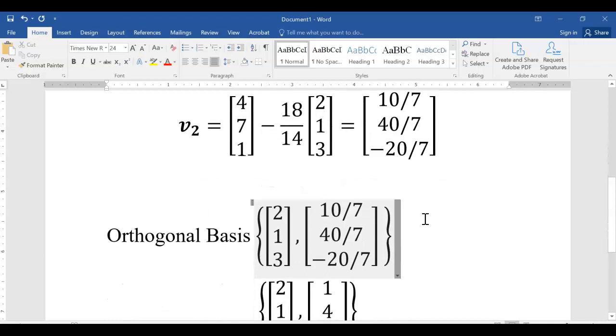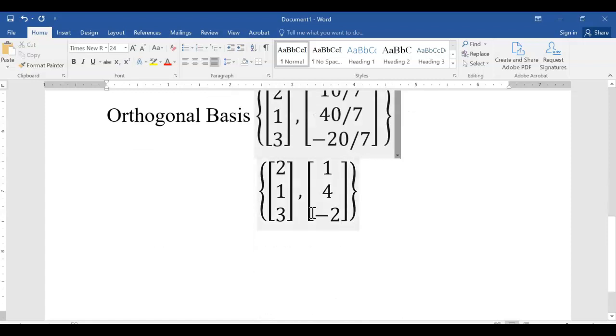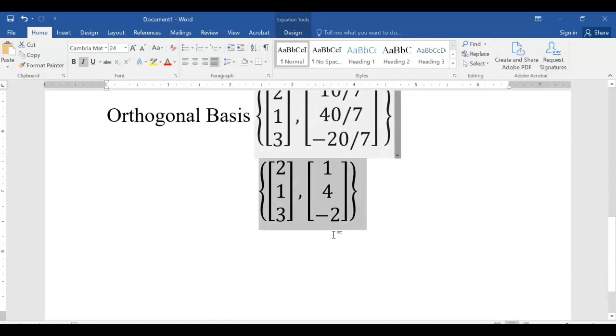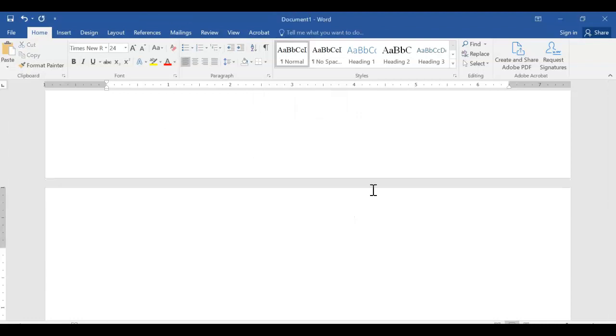And I said, well, that's our orthogonal basis, (2, 1, 3), (10/7, 40/7, -20/7). But also (2, 1, 3), (1, 4, -2), if I just scale this vector, that's an orthogonal basis as well. So that's the one I'm going to start with.